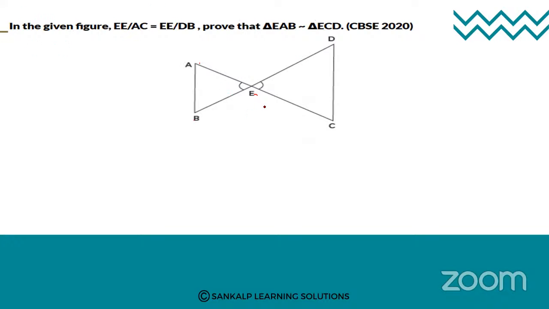So now here, prove that triangle EAB is similar to ECD.